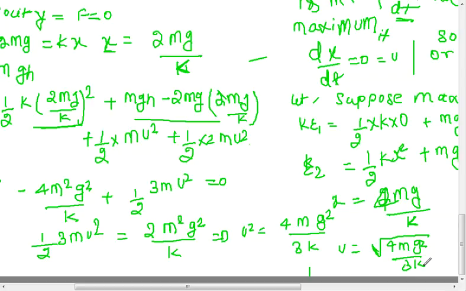You will use such concepts in electrostatics, gravitation, and center of mass. There are so many places where you can use this concept. So it is very necessary to learn the concept behind these things.